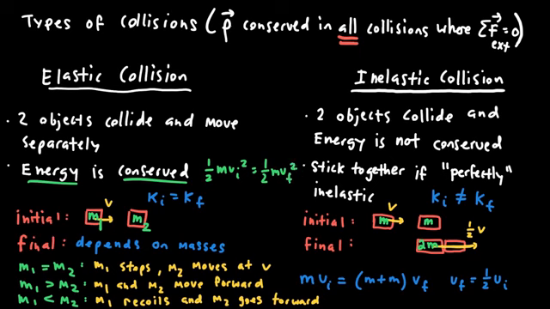And remember, for collisions, there could be two or more objects that are colliding, and so maybe each one of those things independently has its own little kinetic energy, and each one of those would have its own independent term. For example, if before the collision two objects are moving, I might have 1/2 mv initial squared for one of those objects, and 1/2 mv initial squared for another object.